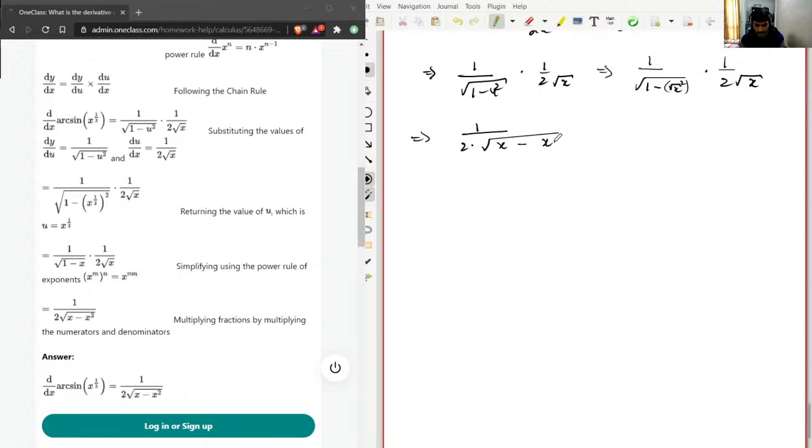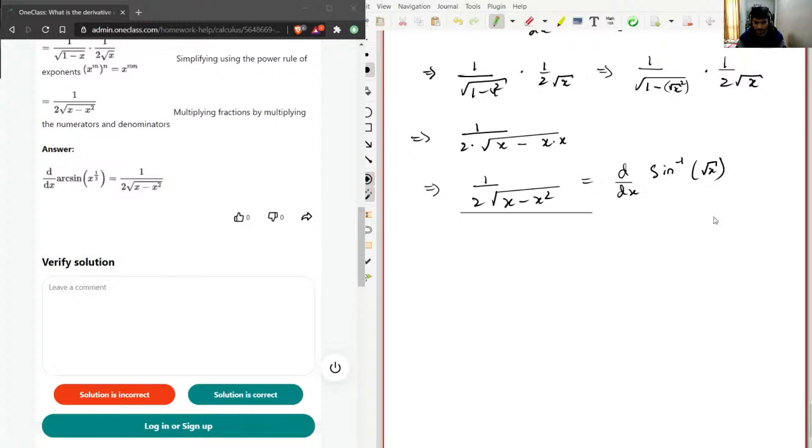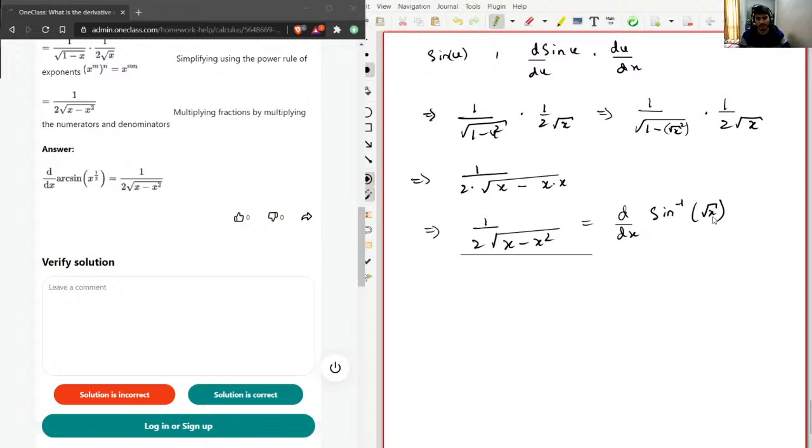So this is x into x, this will become 1 over square root of 2x minus x square, equal to d dx of sine inverse of root x. Yeah, so that is the final solution. In this way we can also calculate for cos inverse of x and other inverse trigonometric ratios. So that is also pretty much all, and I'll just write the correct solution.